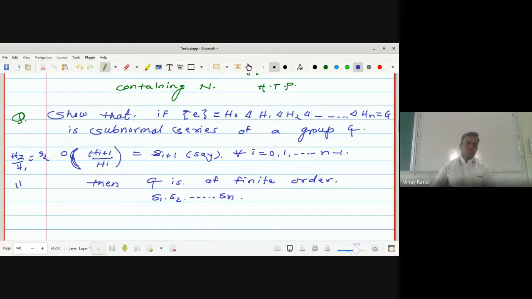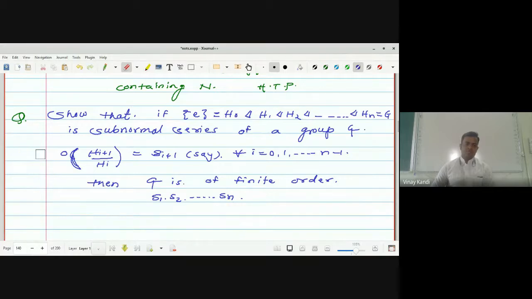H1 upon H0, what is the order of this one? Put i is equal to 0. So here we get S1. Is it correct? Yes, sir. Then we have to prove that G is of finite order, and the order of G will be S1 into S2 into up to so on Sn.